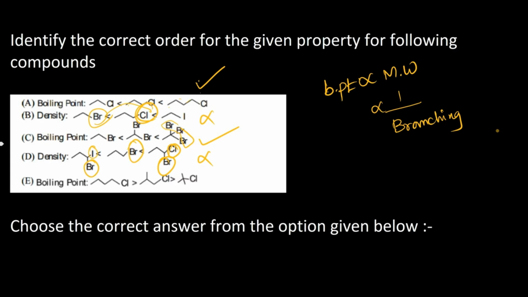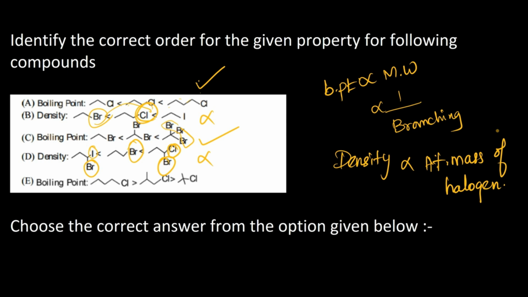Its order shouldn't be like this. Density is directly proportional to the atomic mass of the halogen present over there. So clearly this is not a correct order. And what about E? I'm having the same molecular formula, but branching is the thing, which makes it inversely proportional to boiling point, right? So which makes it right. So A, C and E all are right.